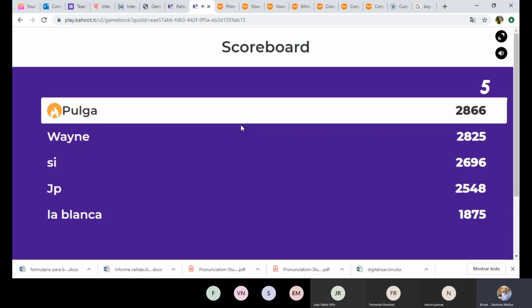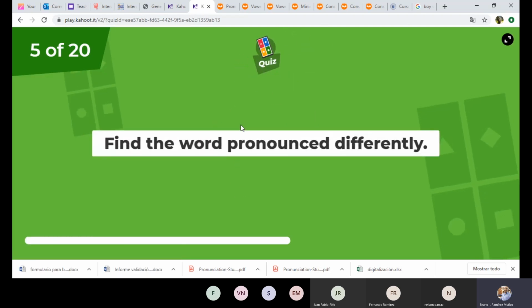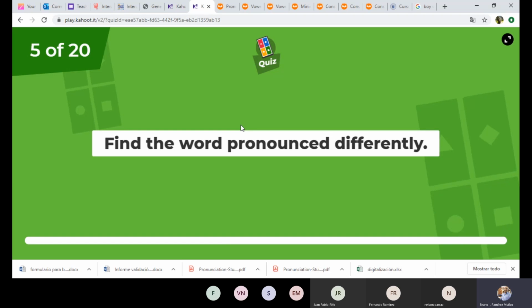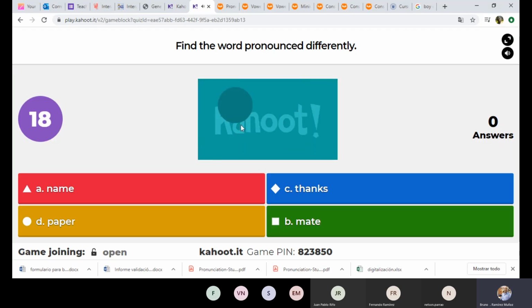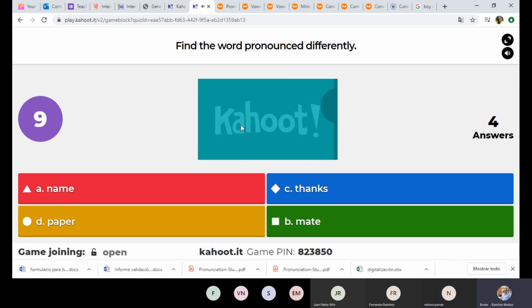I play volleyball, right? Pulga is on fire. La Blanca. Interesting. Find the word pronounced differently. Give me the color. Blue. Get it.